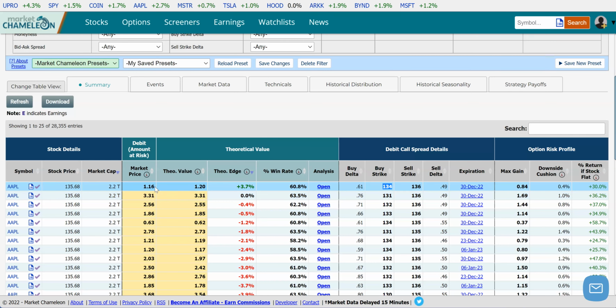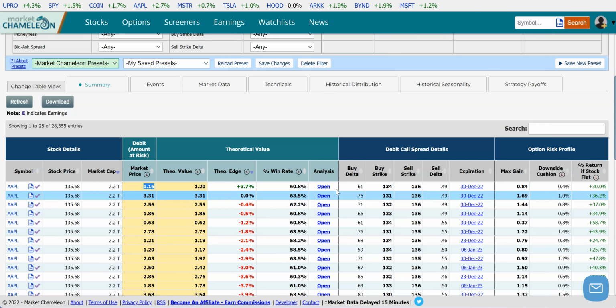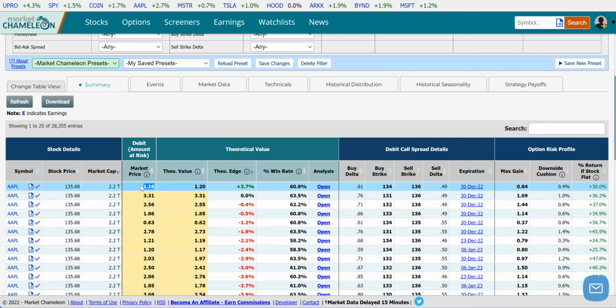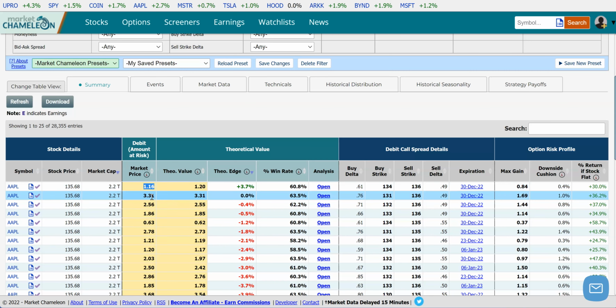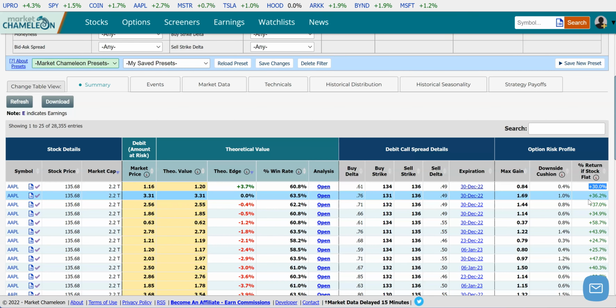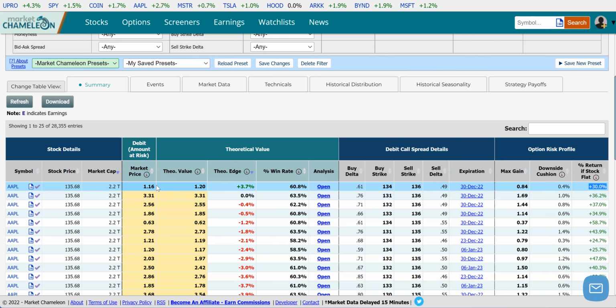And if you're paying $1.16 for it, like we have over here, then you're really paying below the price. If the stock expired today, it would be in the money by more than $1.16. And if expiration was today, this is showing that you would make a 30% return on the money you have at risk. So in other words, you buy it for $1.16.